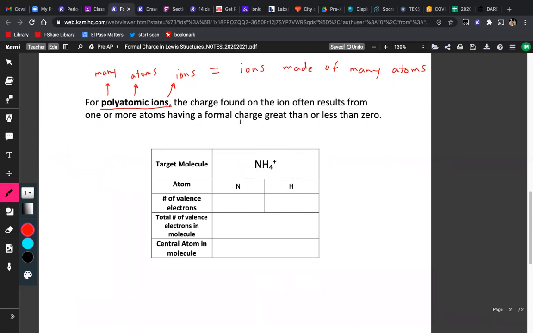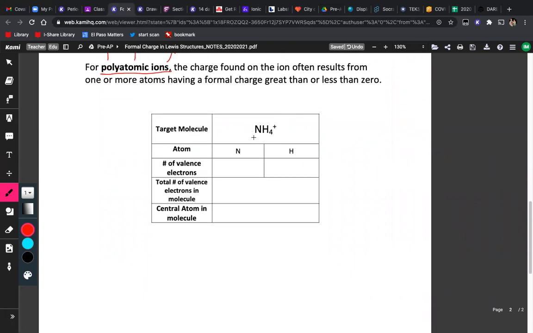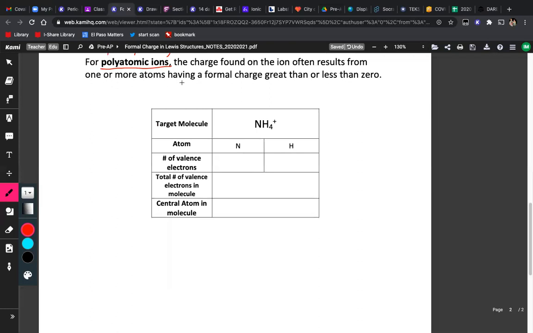But that's not the focus of this right now. The focus of this is basically finding the formal charge. So let's go ahead and do that. For polyatomic ions, the charge found on the ion often results from one or more atoms having a formal charge greater than or less than 0.